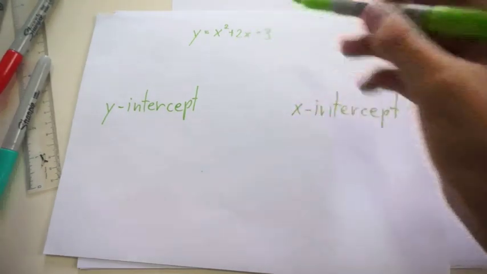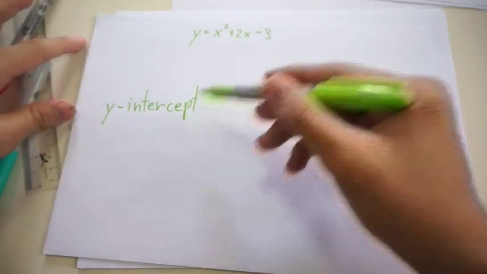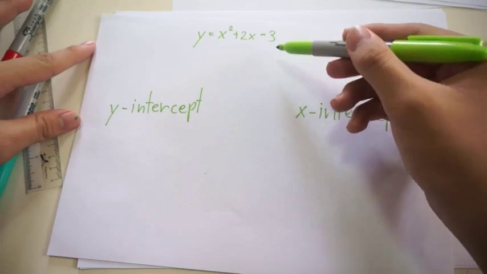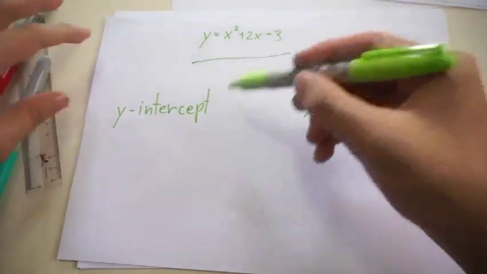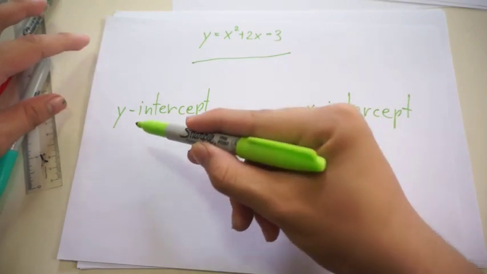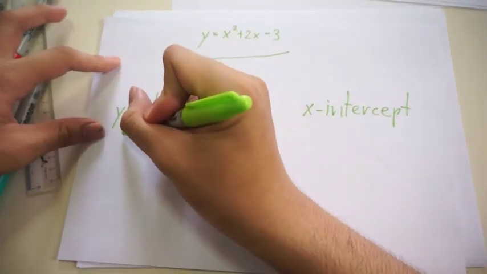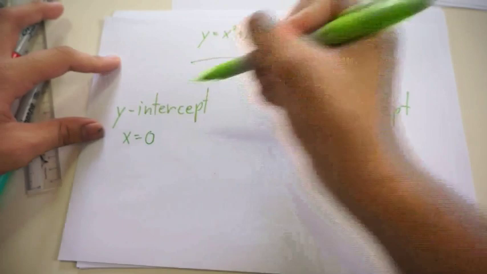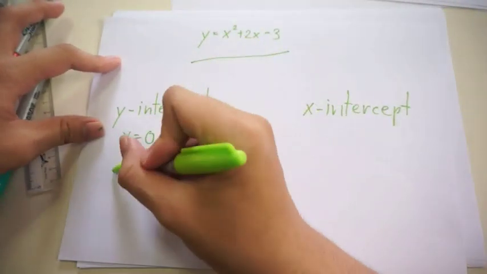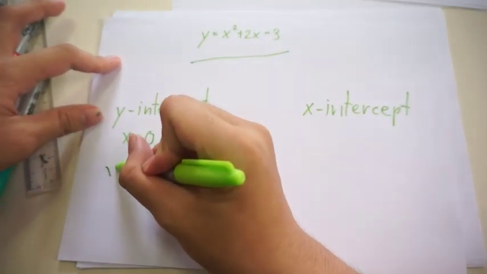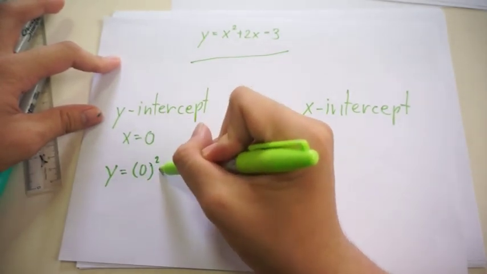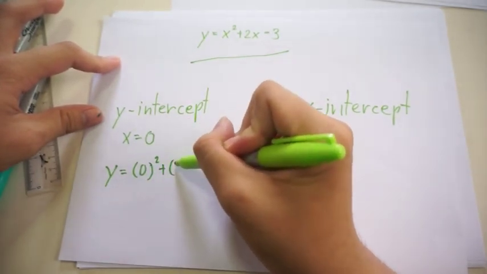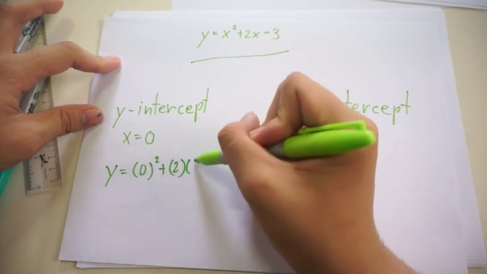To determine the y-intercept, I am given this equation. So, to determine the y-intercept, we must make x equal 0 and then convert the whole equation like this.